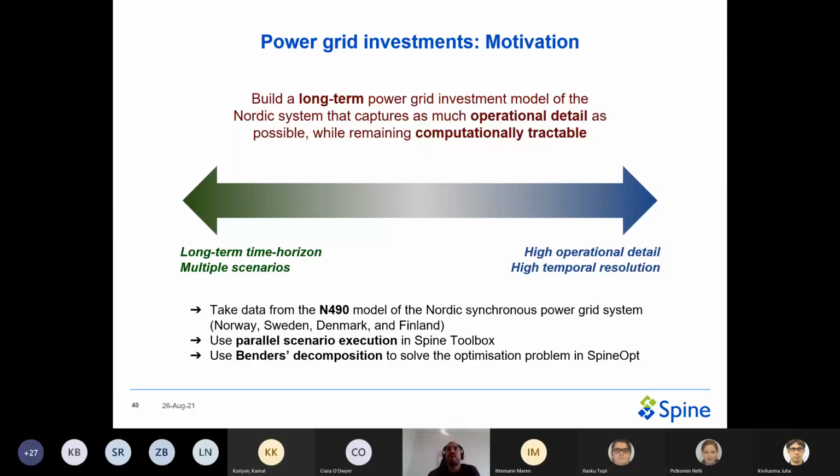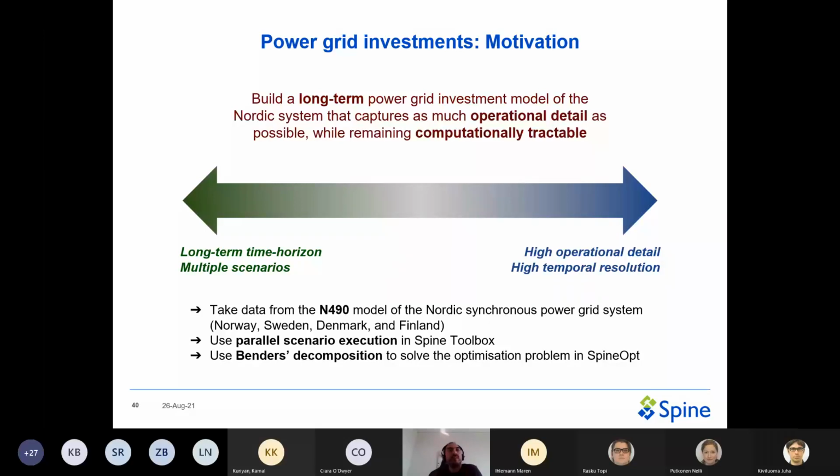So we have data in a low spatial resolution, and we want to make it higher, with more detail. It includes Norway, Sweden, Denmark, and Finland. It's basically DC power flow data, and it includes the grid.